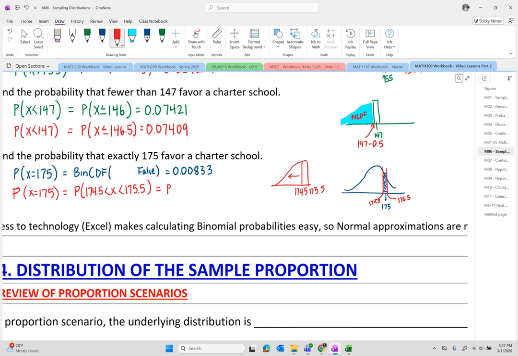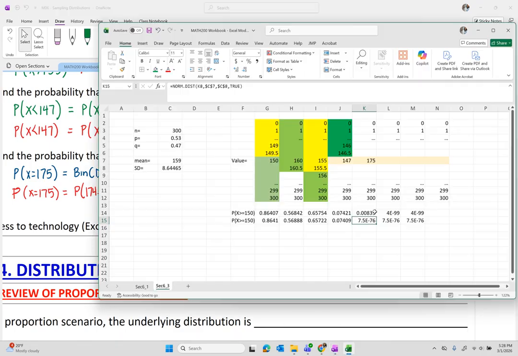So that will be the probability of x being less than 175.5 minus the probability of x being less than 174.5 when I am in Excel. And let's see how we can calculate that.